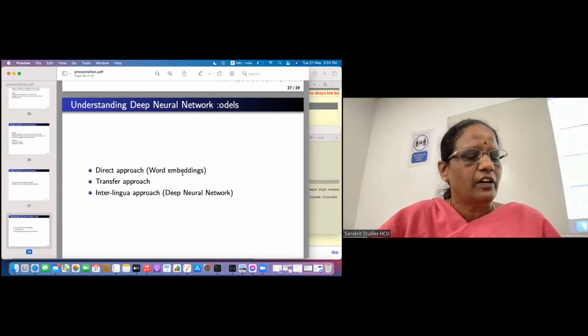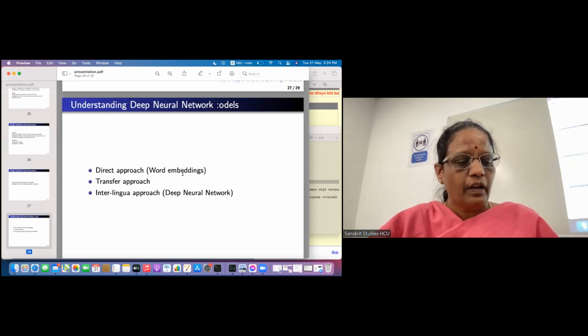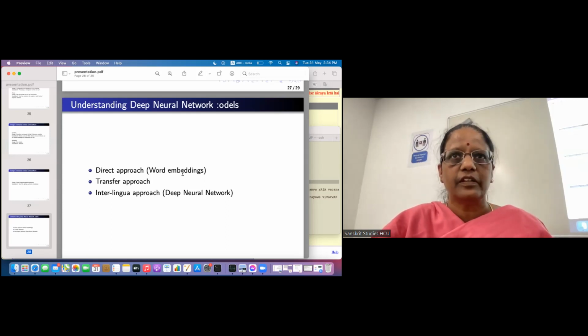In another one or two years, you can expect a far better system from Google for Sanskrit to English or Sanskrit to Hindi for that matter. But then what is not possible with this, that also we should know.